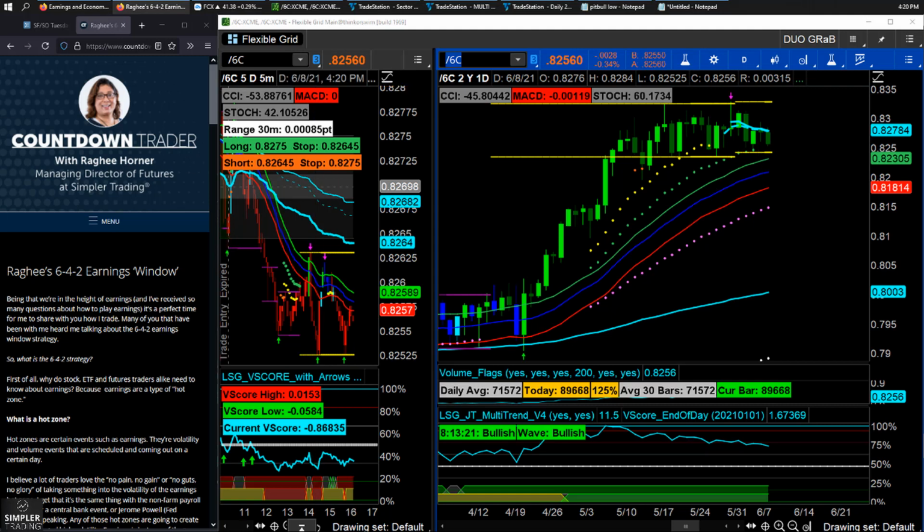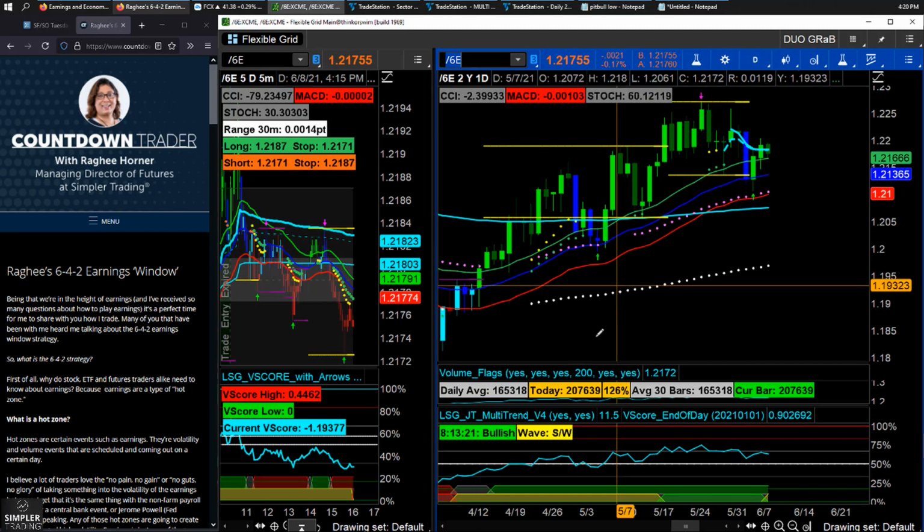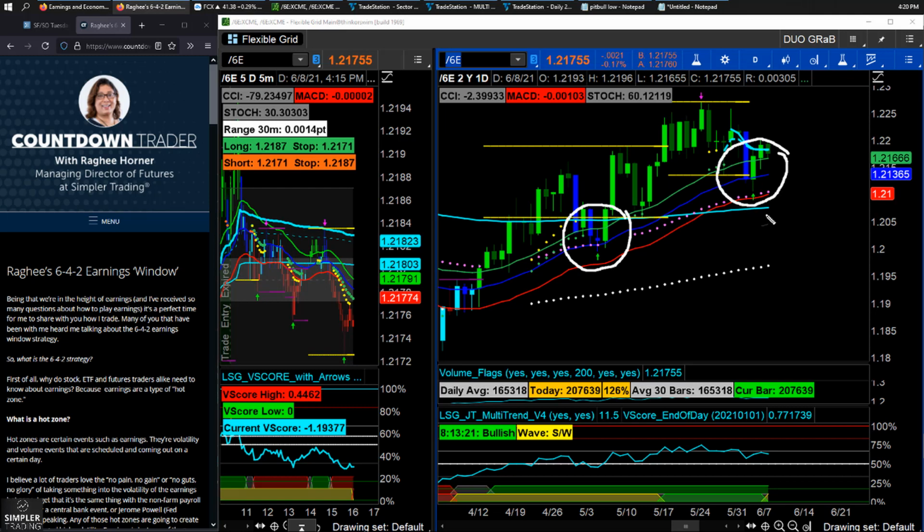Now, the Canadian dollar is not the only place I'm looking for opportunity. We're also looking at the euro. Because it's not quite as strong and it's much more inversely correlated to the dollar, I'm going to be a little bit more honed in on the 34 EMA on the close, the middle line of the wave, down to the 55 exponential for my zone.